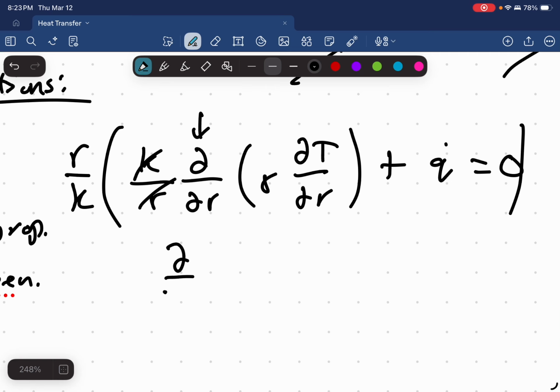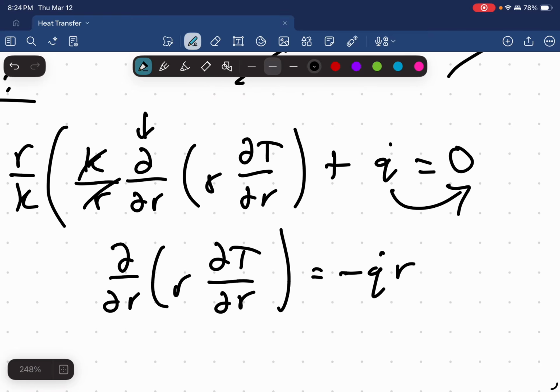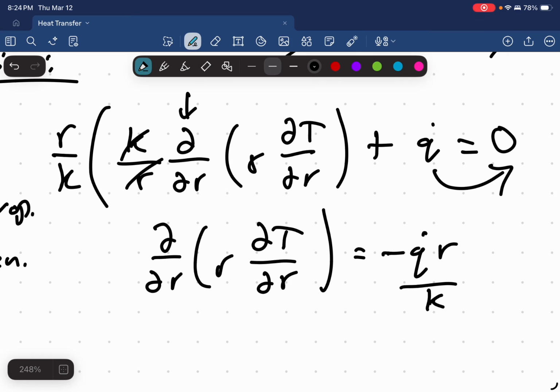And so we'll have d over dr, and then r dT over dr. And then we're also going to move the heat gen to the other side. Now we have this.